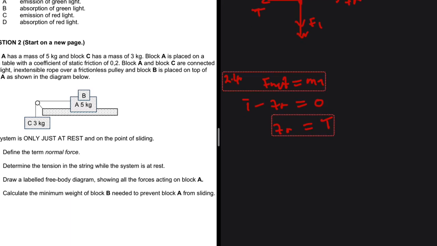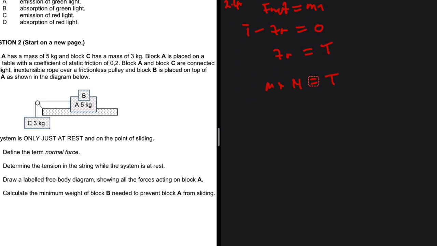And here in the frictional force is where we are actually going to have the mass of B, which we are looking for. So we're going to have the coefficient multiplied by the normal force equals the tension. We know the value of the tension is 29.4.